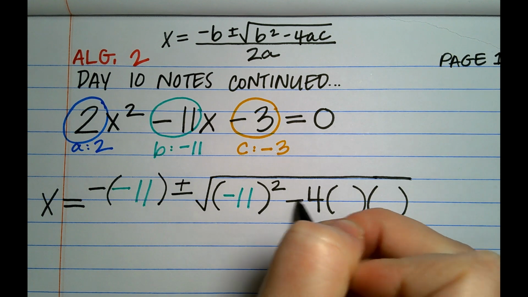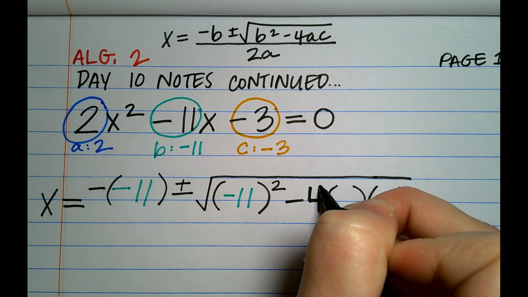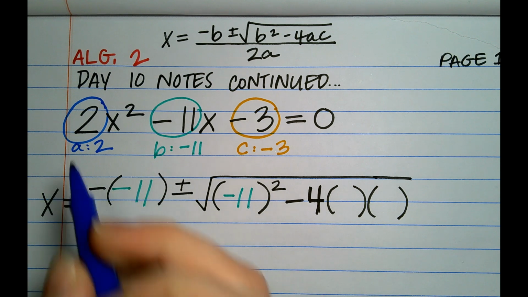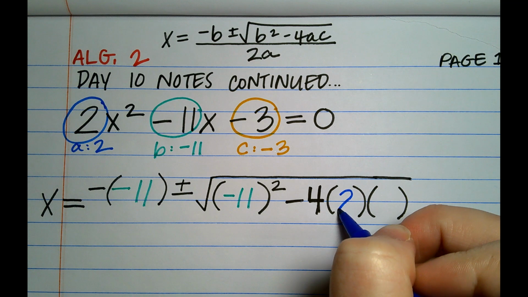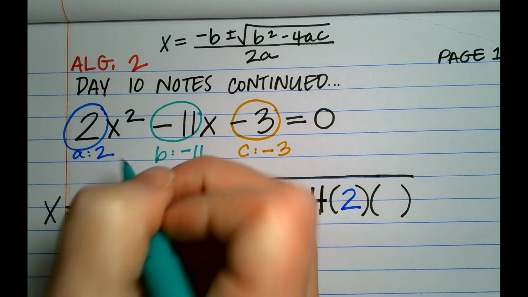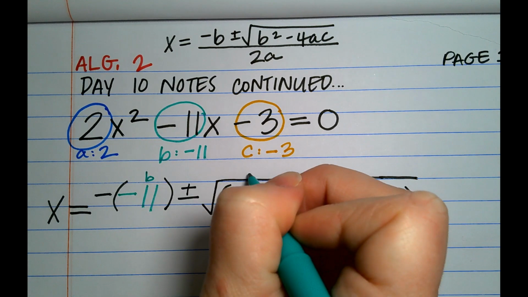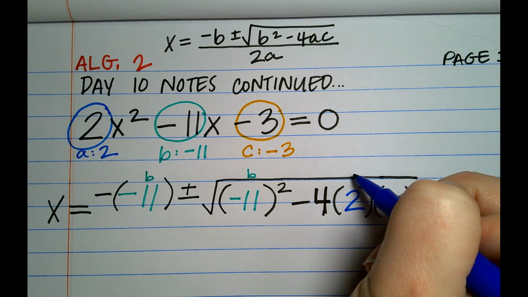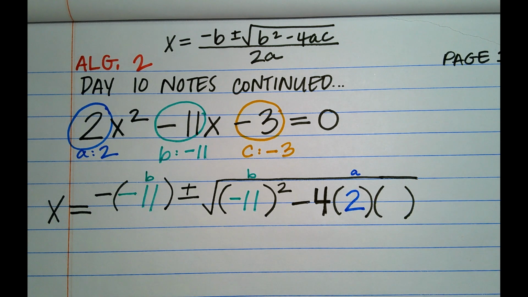So minus 4 is what the formula says, times 2, that's our A, okay, and here I'm going to put little labels over these. Okay, so we have negative 4 times A times what?